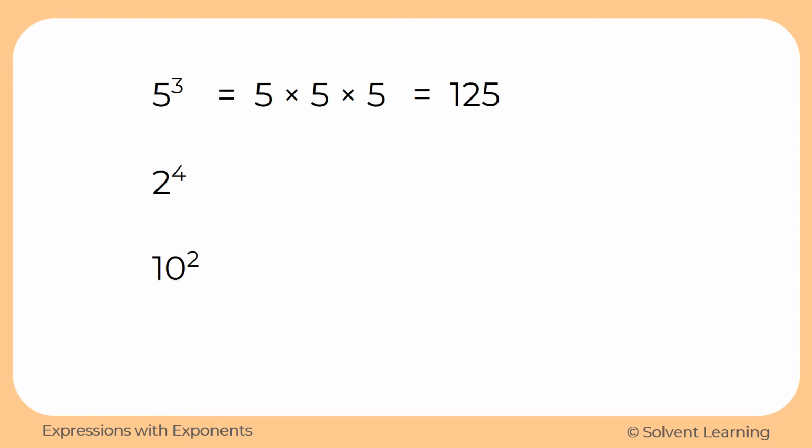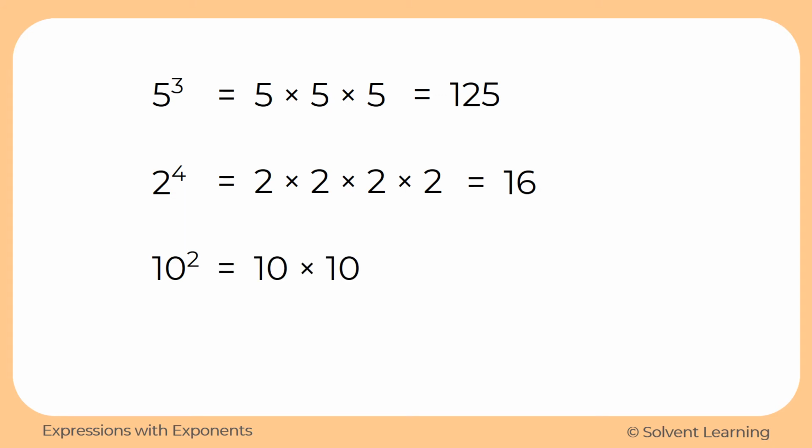If we have 2 raised to the power of 4, we're going to take that 2 and multiply 4 of them together. We multiply all those 2s together, we'll get 16. And then 10 raised to the power of 2 is 10 times 10. We're multiplying 2 10s together, which gives us 100.